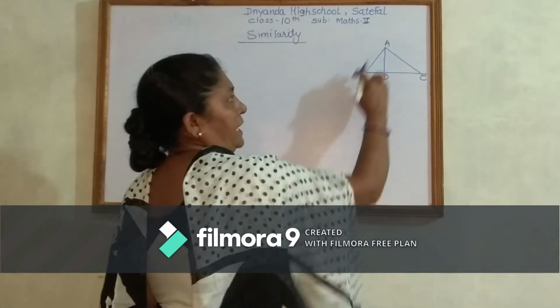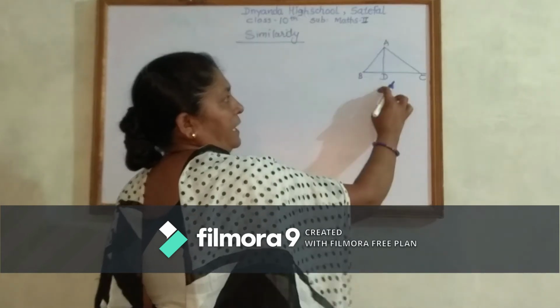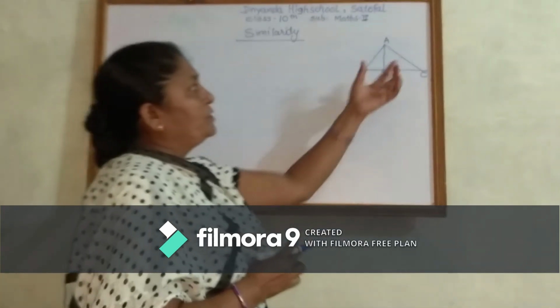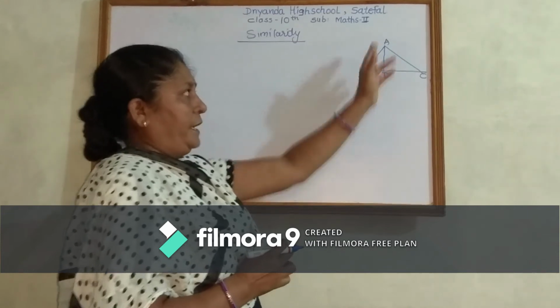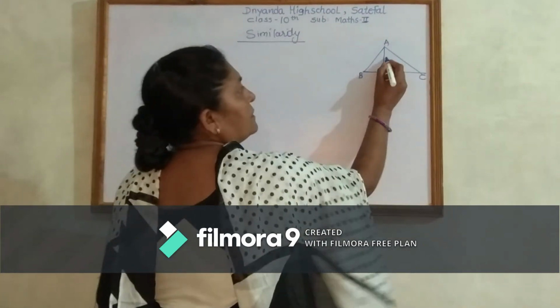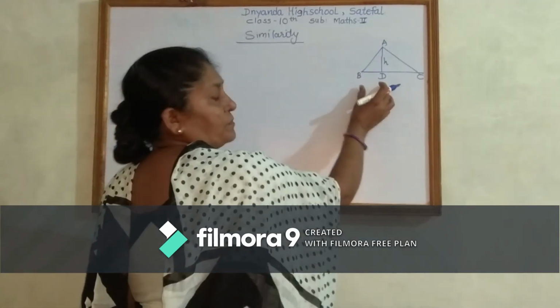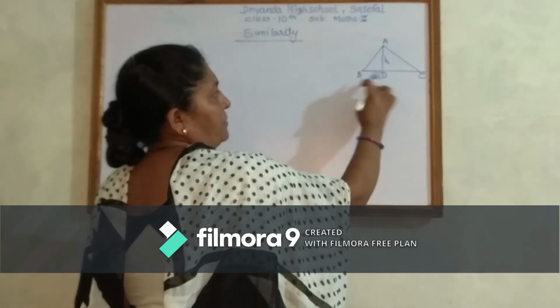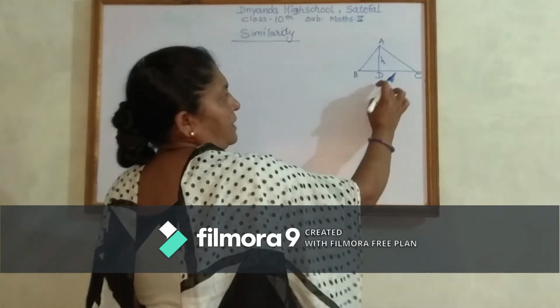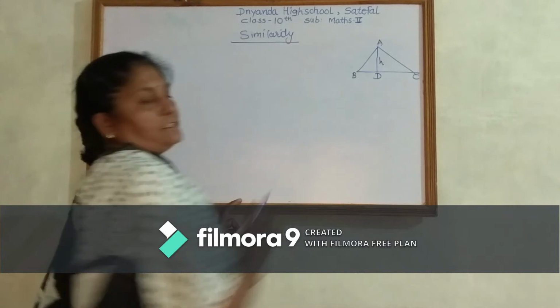Now the third property: in triangle ABD and triangle ADC, the height of both triangles is the same, AD. The base in triangle ABD is BD, and in triangle ADC the base is DC.